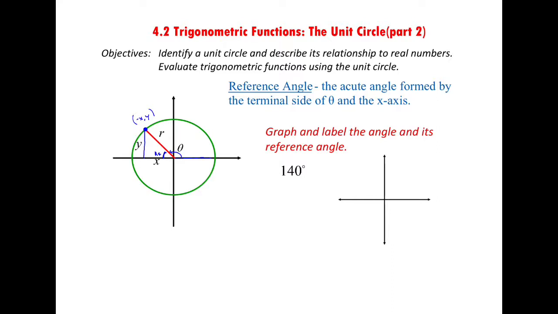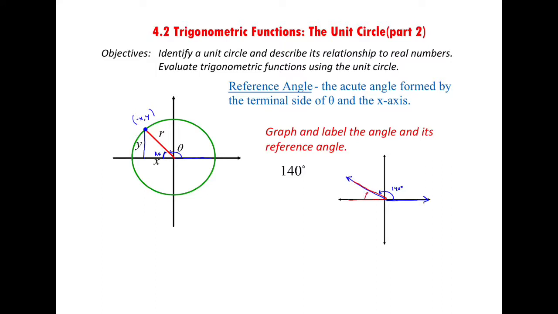So graph and label an angle and its reference angle. Once again, you have your initial side, and then 140 degrees. 90 is going to be that right angle, so this represents 140 degrees. Now graph and label the reference angle, which is with the terminal side and the x-axis.